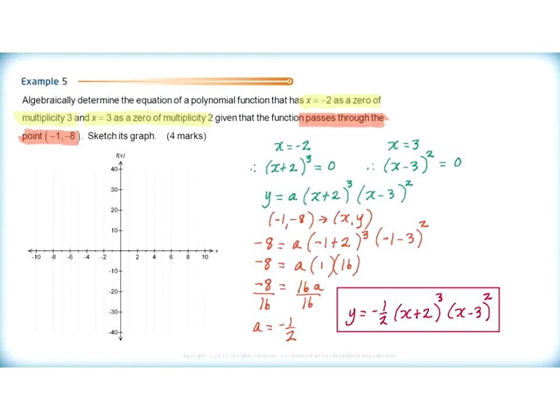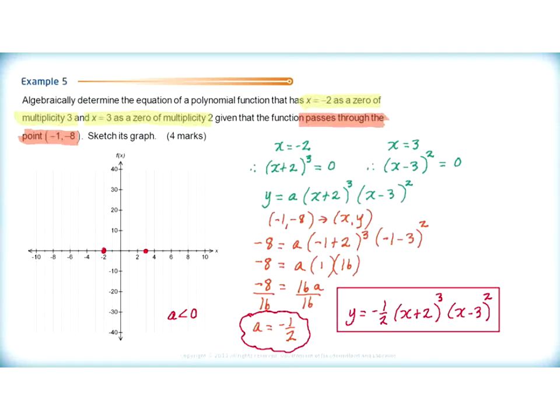In order to sketch the graph, we can go directly to the roots or the zeros, or the x-intercepts of the polynomial function. x equals -2 has a multiplicity of 3, which means that the graph must flatten at that point. x equals 3 has a multiplicity of 2, which means that the graph of the polynomial function must be tangent at that point. Because the leading coefficient a is less than 0, the graph will extend from quadrant 4 up into quadrant 2.